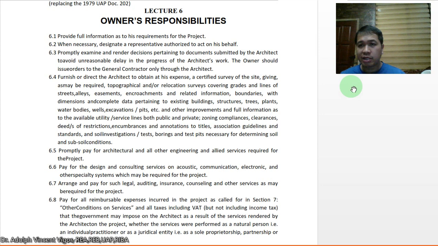And then it's important there should always be proper communication channels just to avoid confusion at the site. So the owner must engage with the contractor or communicate with them only through the architect.